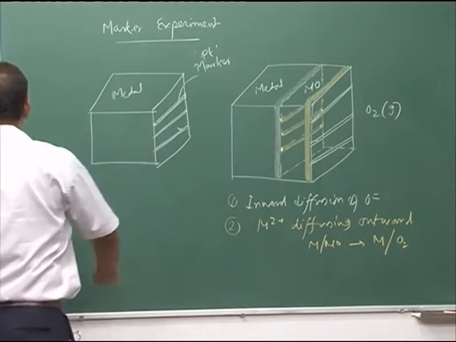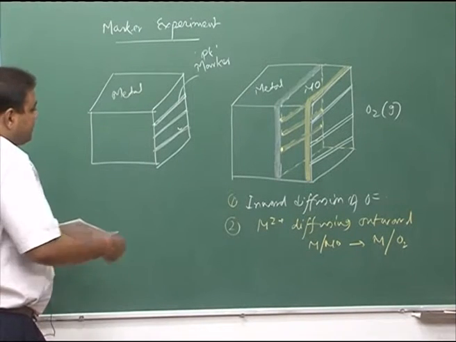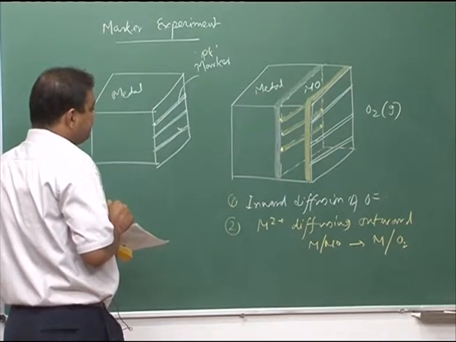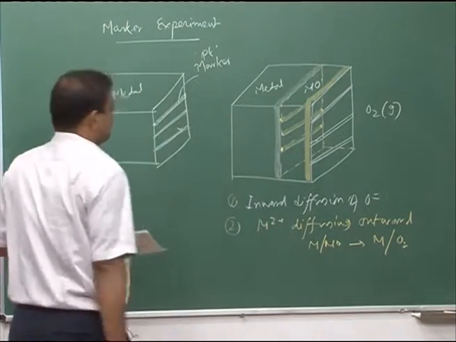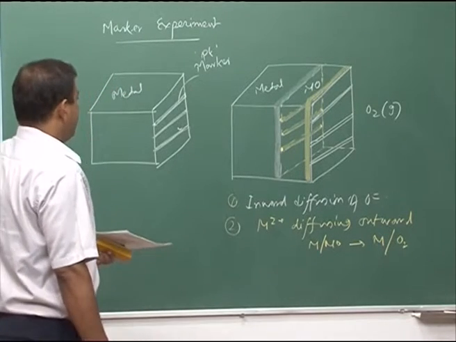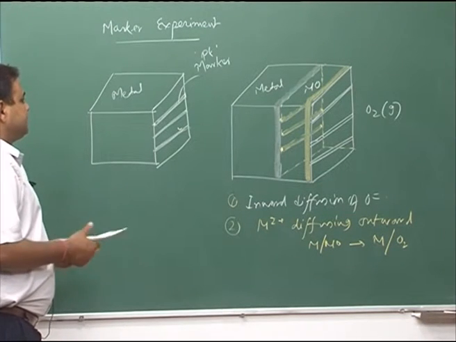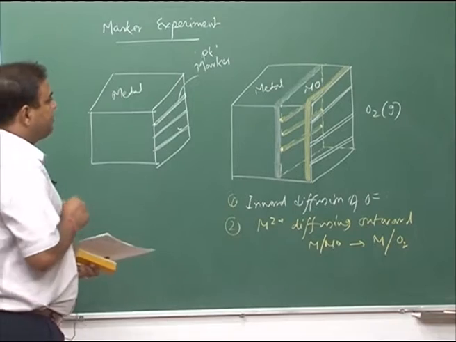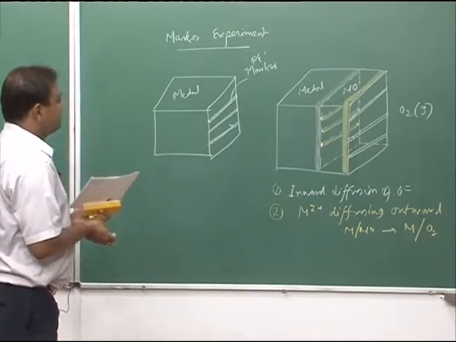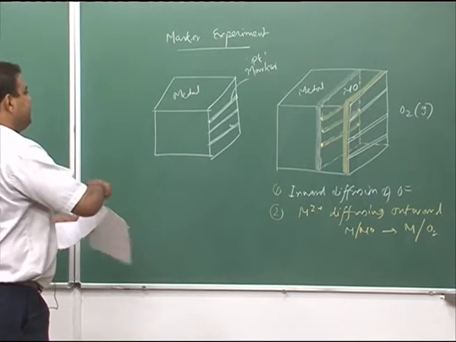From this marker experiment, it is very clear that there is a diffusion of oxygen anion or metal cation through the oxide layer, and the diffusion is due to the defect structure of the metal oxide. Now, let us see what the defects in the metal oxide are.